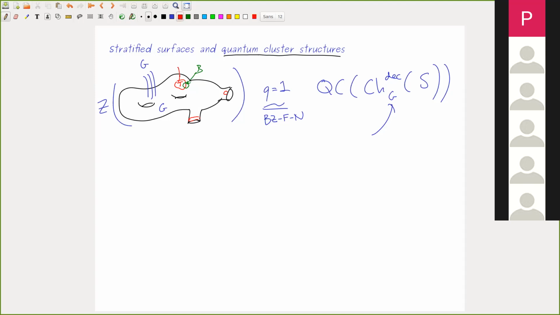We consider the data of a T local system over the T region, and we can consider a correspondence between the G and T local systems that's given by the Borel B. And this is exactly what Fock and Goncharov have studied for many years.